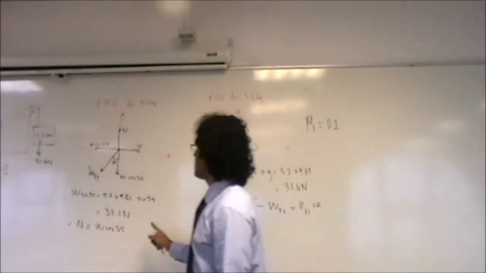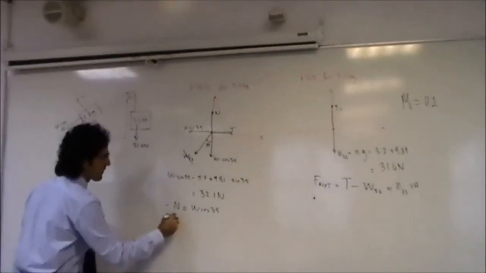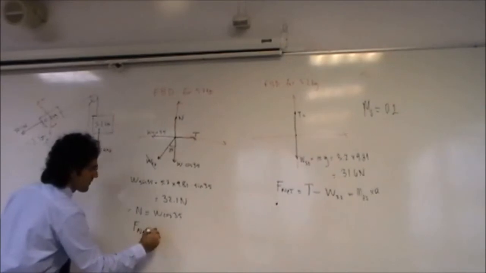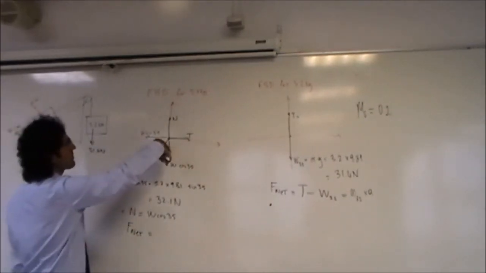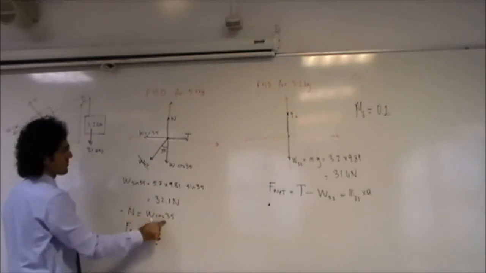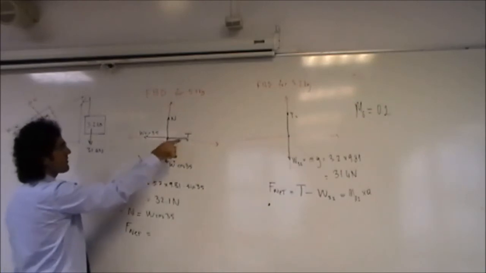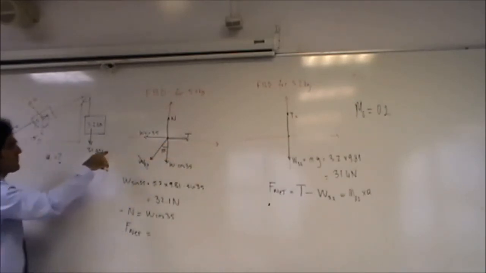If you look at the 5.7 kilogram object, I can write a net force. The system is in equilibrium in the y direction, so the normal force is equal to W cosine 35, but I don't need to find this one. The system is not in equilibrium in the x direction.